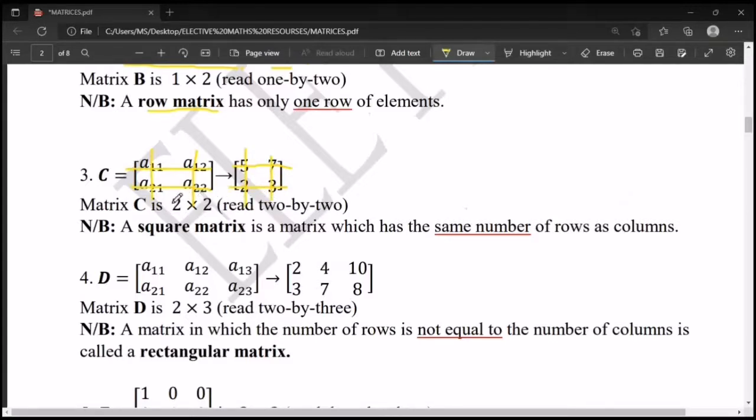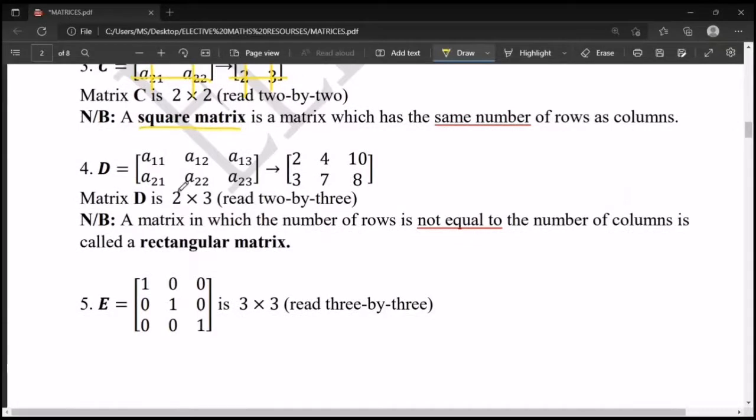And this is a 2 by 2 matrix. That is the order. Now, a matrix that has the same number of rows as columns, we term it a square matrix because the number of rows and the number of columns are the same. So it's a square matrix.